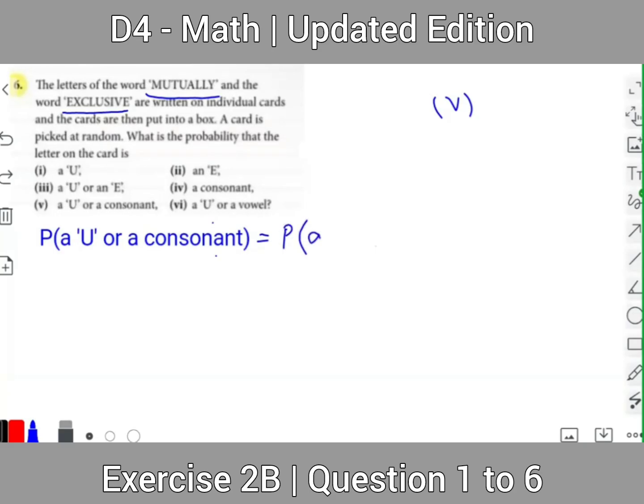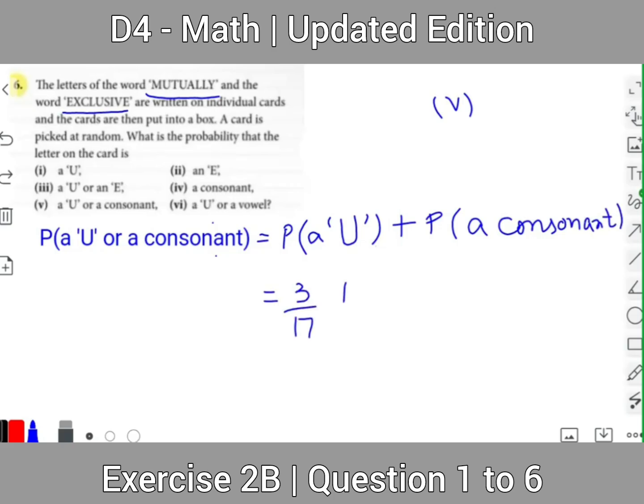So we add the probability of a U plus the probability that a letter is a consonant, which are 3 over 17 plus 10 over 17 respectively. Now we add these two fractions: 3 plus 10 over 17, and after adding up, we get 13 over 17. So the probability that the letter on the card is a U or a consonant will be equal to 13 over 17.